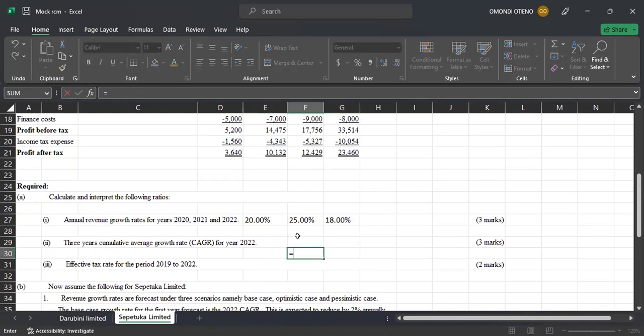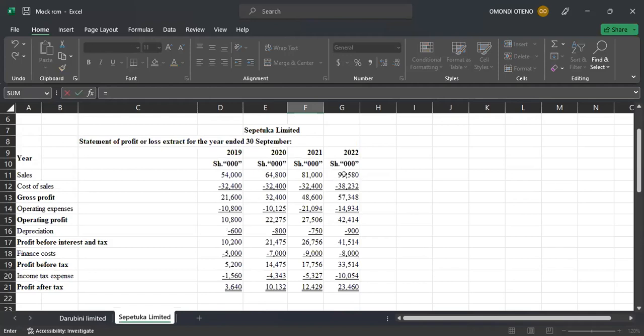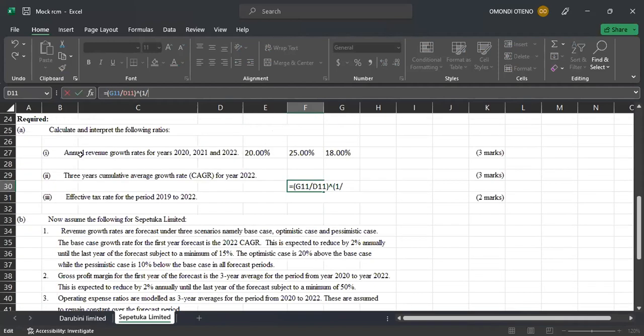You take the amount, it is 2022. You divide by the oldest. Remember, they are telling you 3 years, but you have to count your 3 years very well. Raised to open brackets there, 1 divided by 3 years, right?